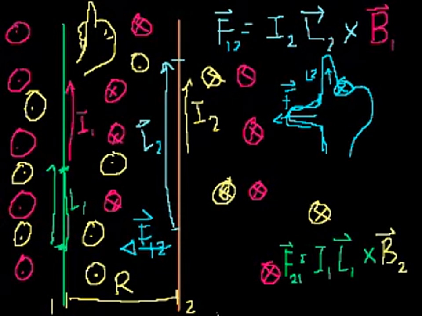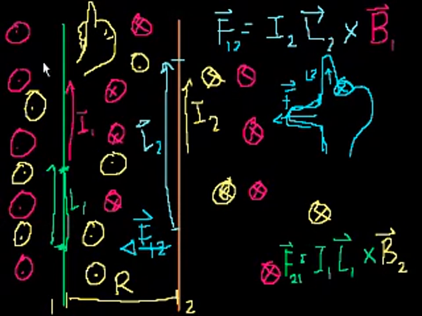And so we can do the same cross product here. Put our index finger in the direction of L1, that's what you do with the first element of the cross product, and then you put your middle finger in the direction of B2, and your thumb is going to tell you what the net force is going to be.